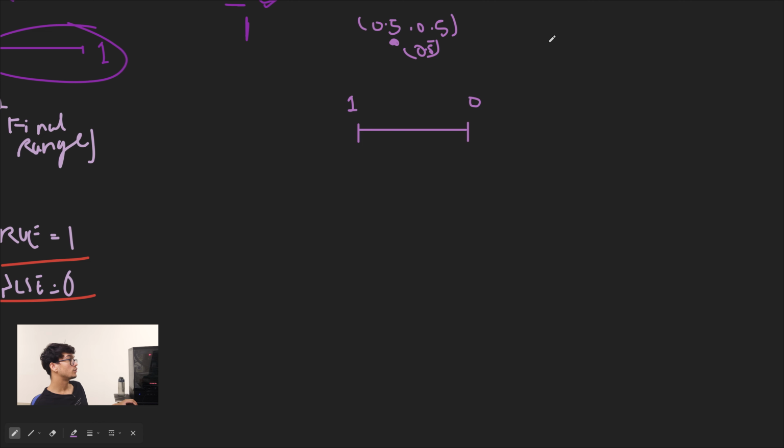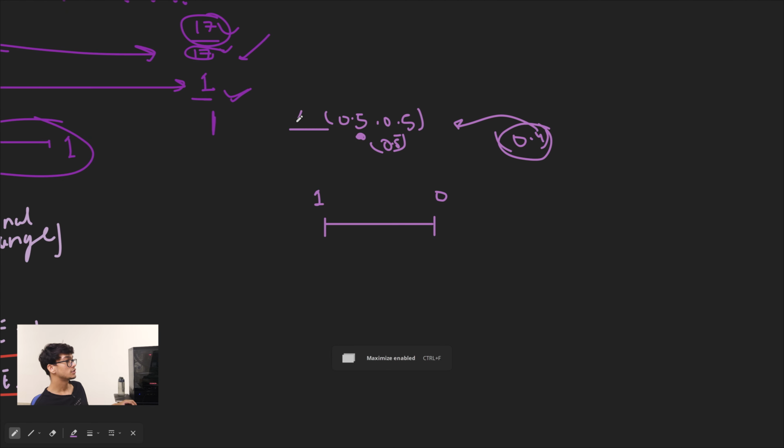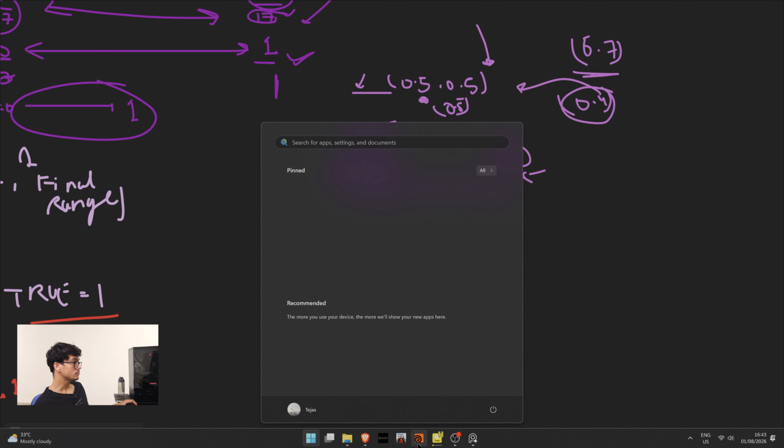If the input value is, let's say, 0.4, where does it exist? It exists on this part, so we will get the minimum value. And if I'm sampling 0.7 now, it exists here, so we will get the 0 value in our final attribute that we want to create.